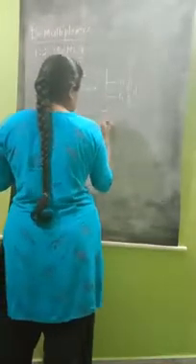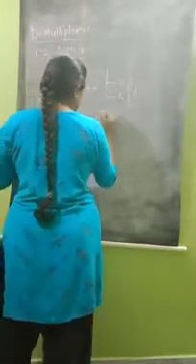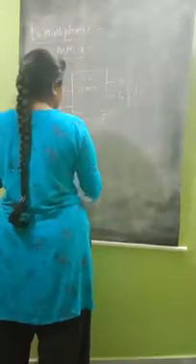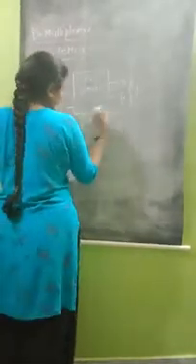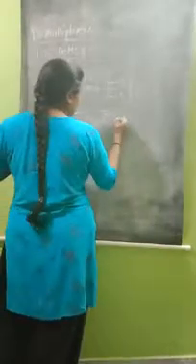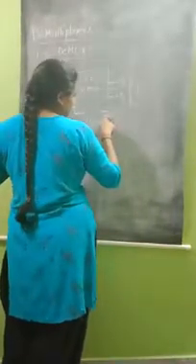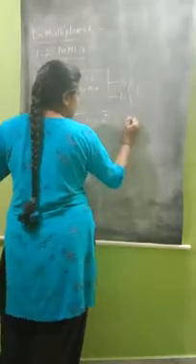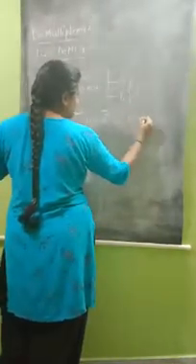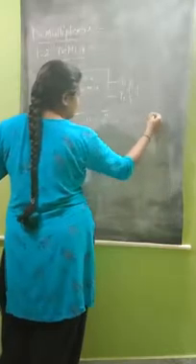Now the relation is n equals 2 power m. We want to calculate the selecting lines. Here the number of outputs is 2, and 2 equals 2 power m.